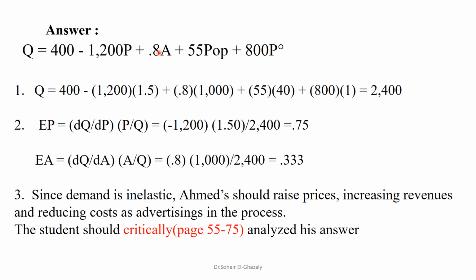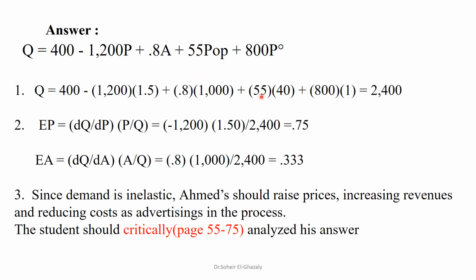And 0.8. Usually people get confused why I'm not writing 0. I'm not writing 0 because the American way is not to write 0 here. The British write 0, but it is the same. 0.8 means 0.8. And A, as I said in the problem, advertising was 1,000.